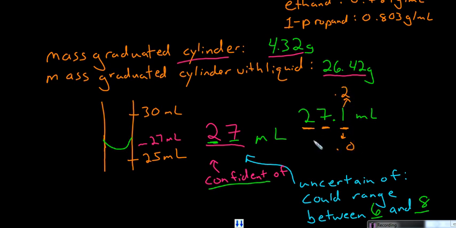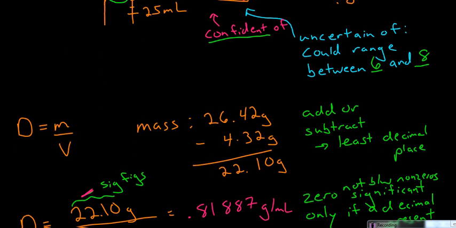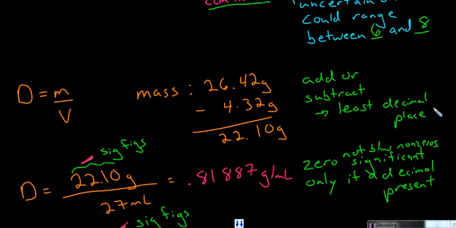I'd argue you probably have no idea, being that this graduated cylinder is not particularly graduated. It's not defined as 26, 27, 28, or even more defined 26.1, 26.2, etc. And so, being that there's quite a bit of uncertainty here, we're going to be saying that we have 27 milliliters as our volume. And so now we have what will enable us to find mass while we're calculating density.